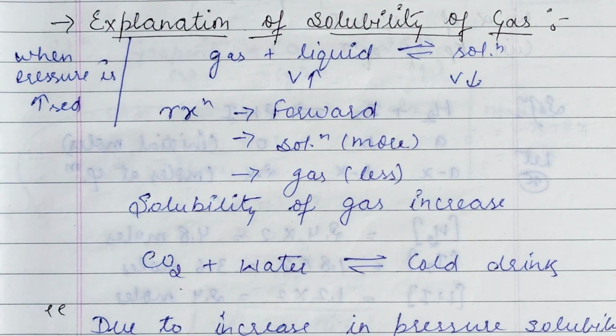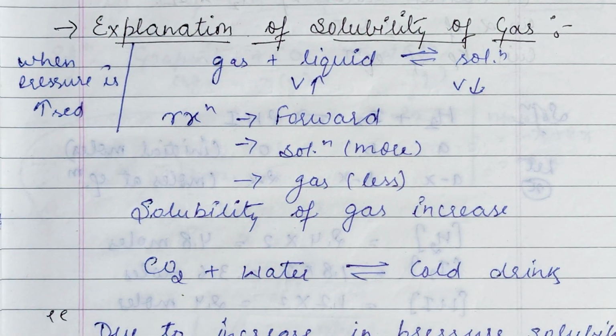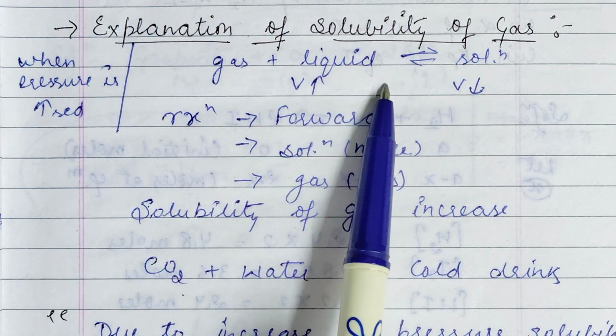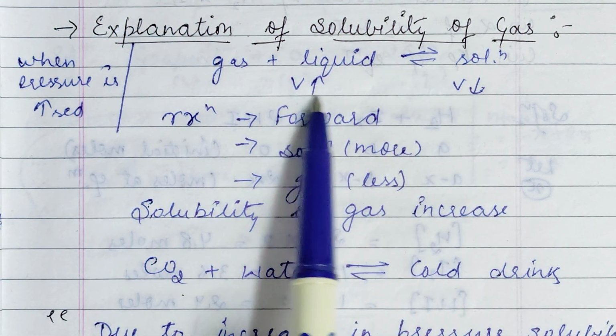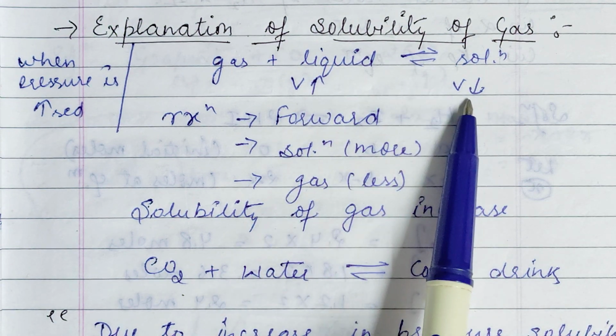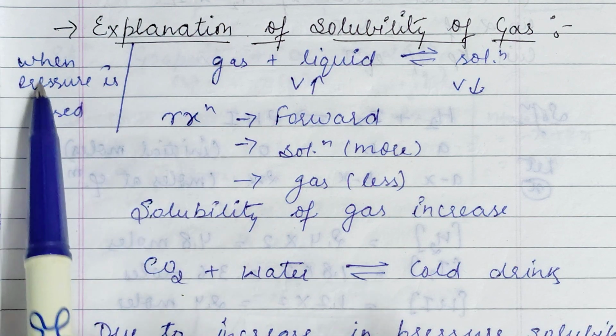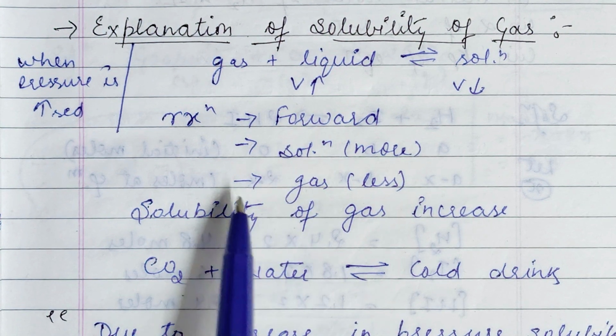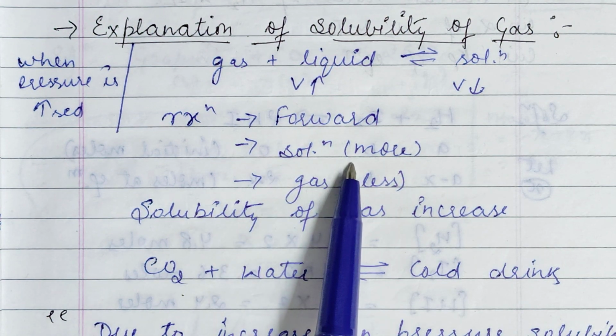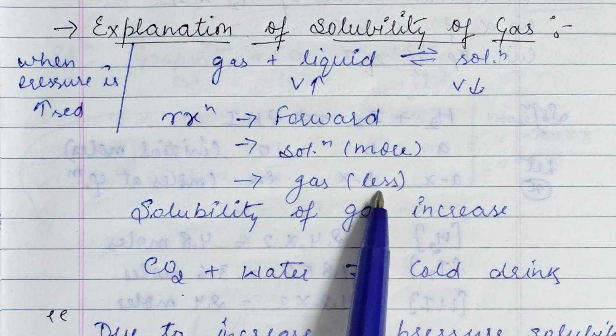Explanation of solubility of gas. Gas plus liquid gives solution. The volume of the reactants is greater, and the volume of the products decreases. So when pressure is increased, the reaction goes forward: solution more, gas less.